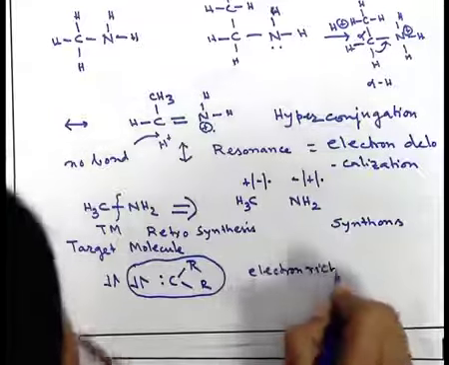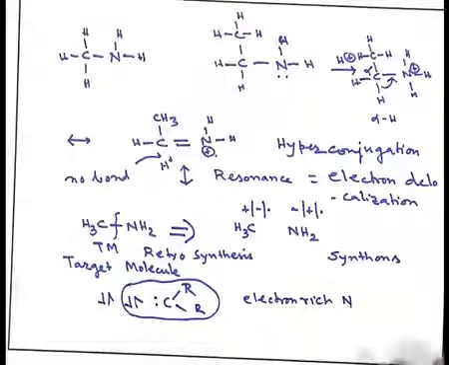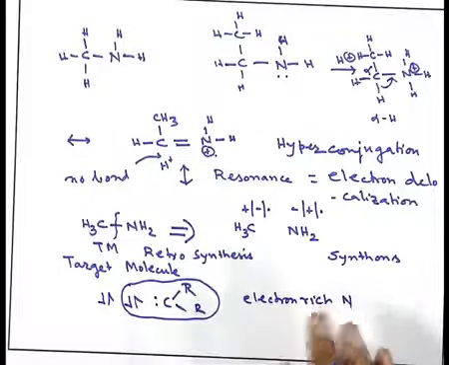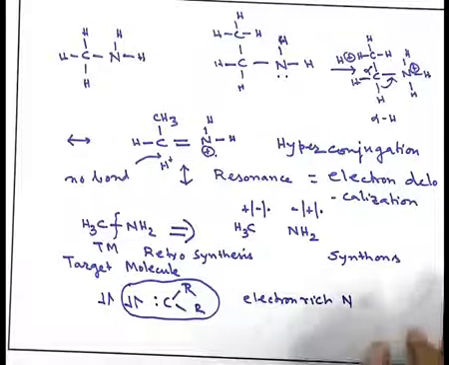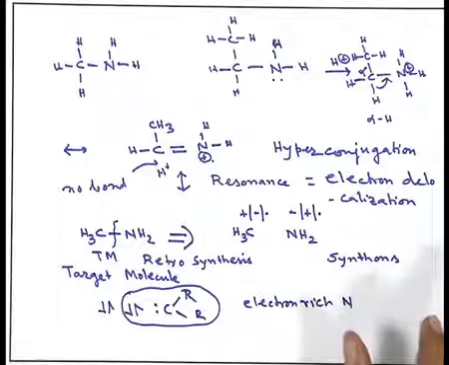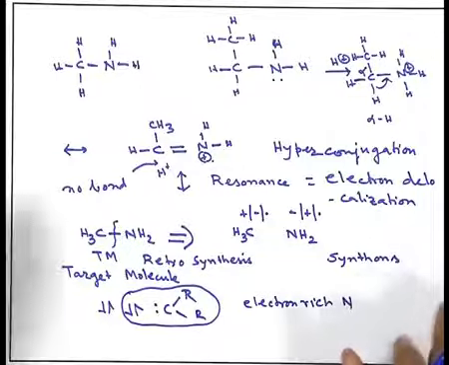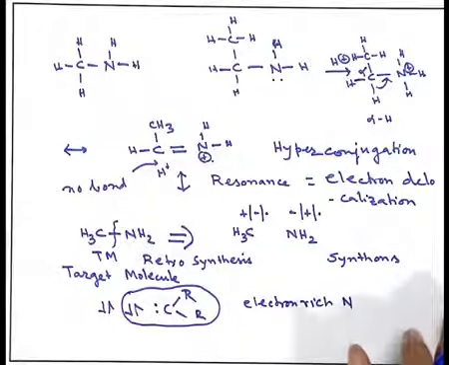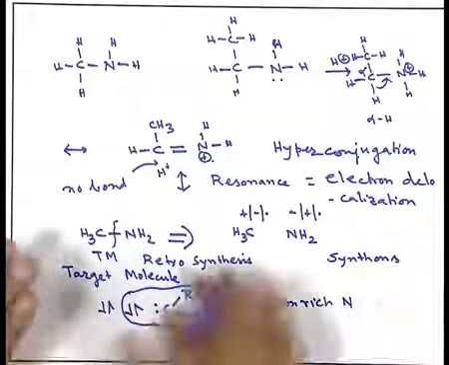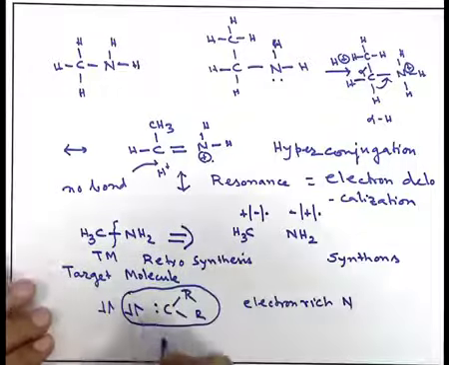the electron density of that nitrogen is more, we call it electron rich nitrogen. Then what will happen? They will form again the nitrogen carbon bond. So, this nitrogen carbon bond formation could be done in many ways: carbocation, nitrogen anion, carbanion, nitrogen cation, or carbon radical, nitrogen radical, or taking carbene with electron rich nitrogen, or vice versa.